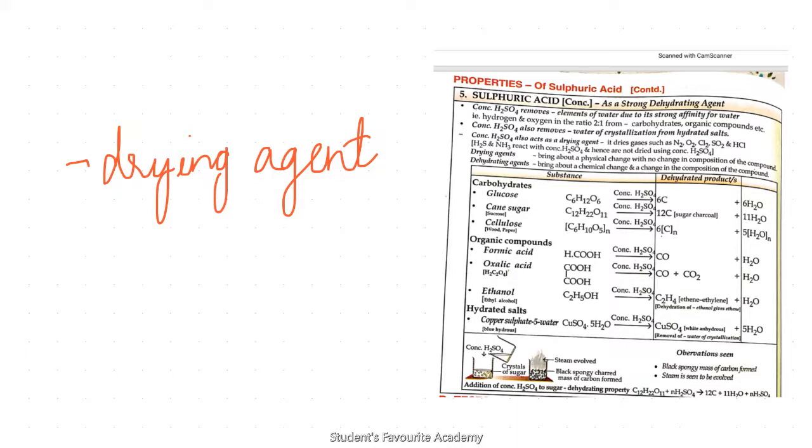It can dry gases such as nitrogen, oxygen, chlorine, sulfur dioxide and others. But hydrogen sulfide and ammonia react vigorously with concentrated H2SO4 and therefore they are not dried.